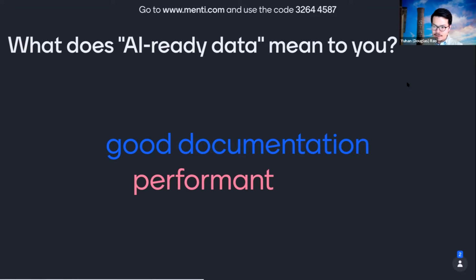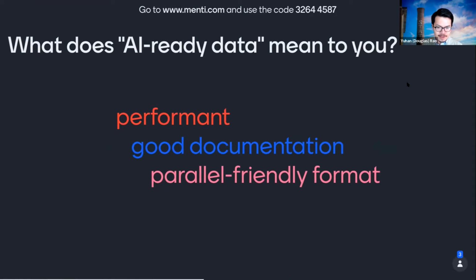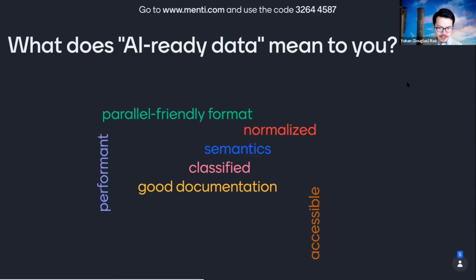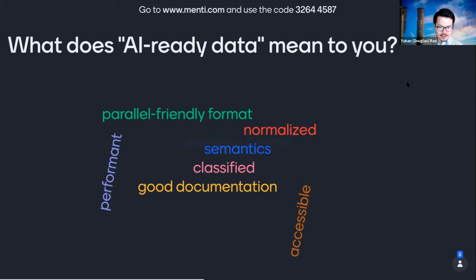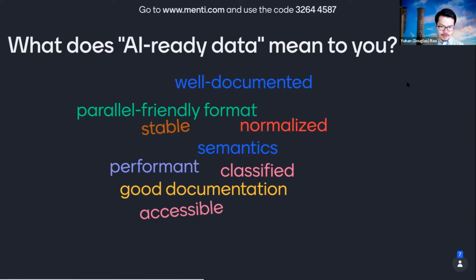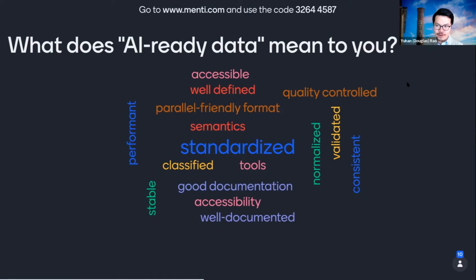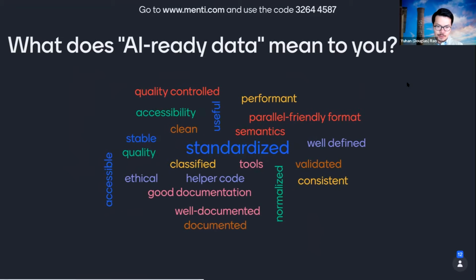I see 2 people putting parallel-friendly formats, which is really important. Performance, semantics, normalized, accessible, well-documented, stable. There's a really dynamic word cloud coming up. Feel free to think about what makes the most sense to you.